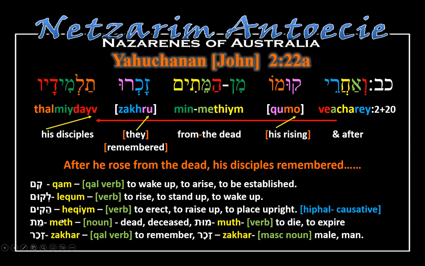If we look down here, zakar is a kal verb to remember. Zakar also, with a slightly different vowel mark, only one different vowel mark, zakar as a masculine noun means male and man. So I wanted to make you aware of that, so you do not mistakenly think that it's male, but in this case it means remembered.